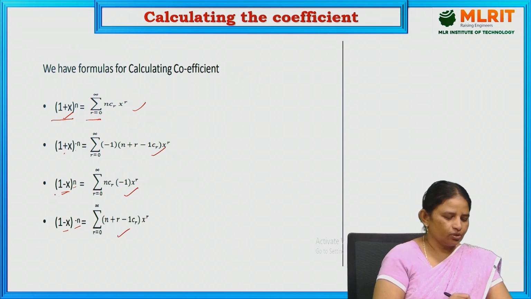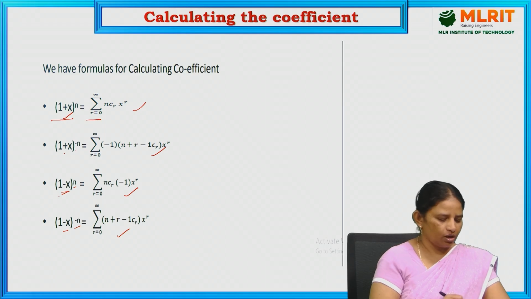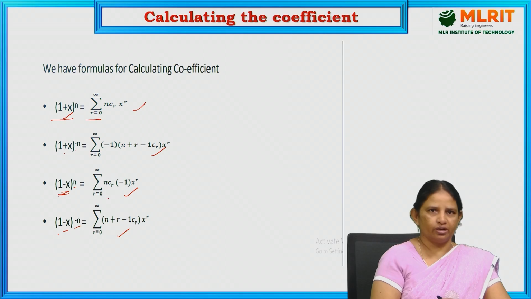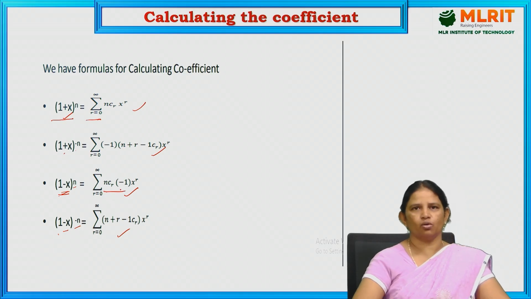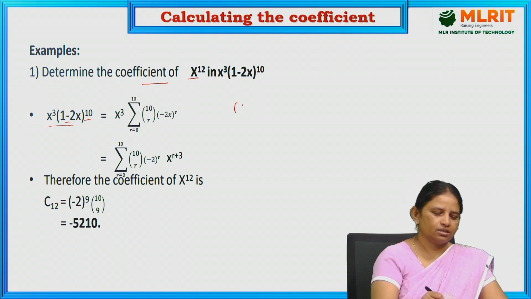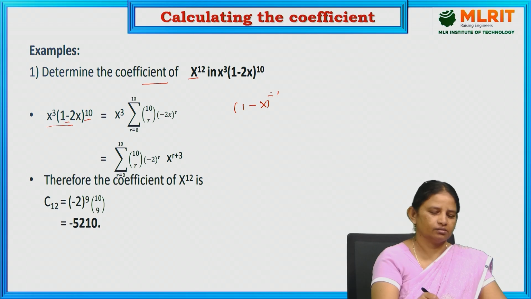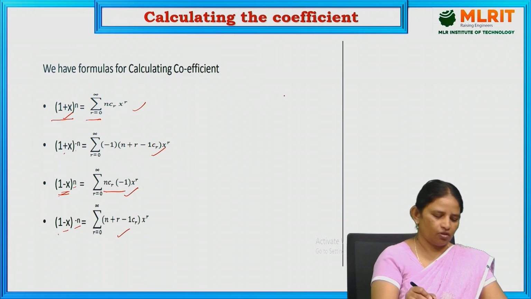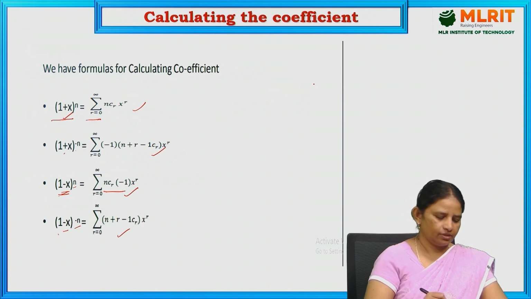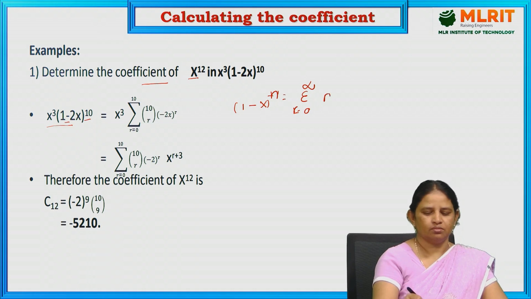If it is a negative term with the positive power, what is the formula? That is (1 - x)^n, sigma r equal to 0 to infinity. Third formula: nCr (-1)^r x^r. So (1 - x)^n is equal to sigma r equal to 0 to infinity nCr (-1)^r x^r.